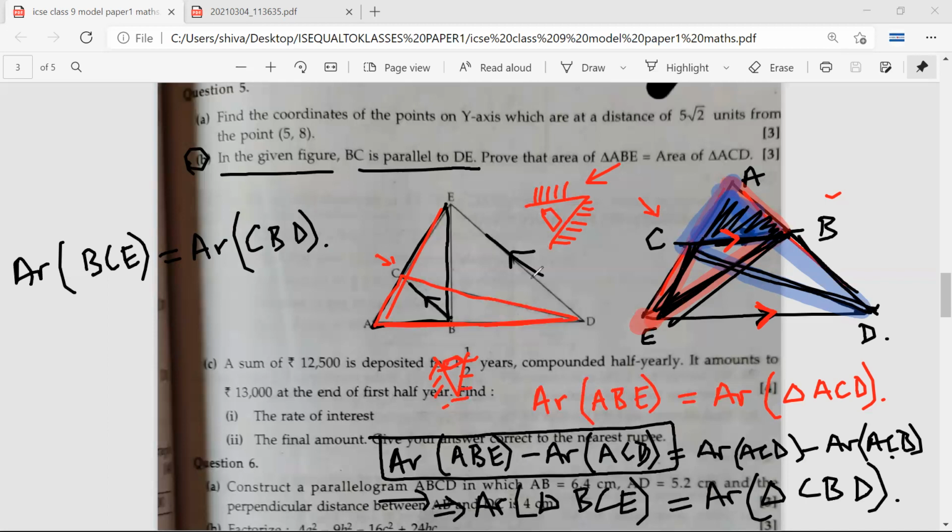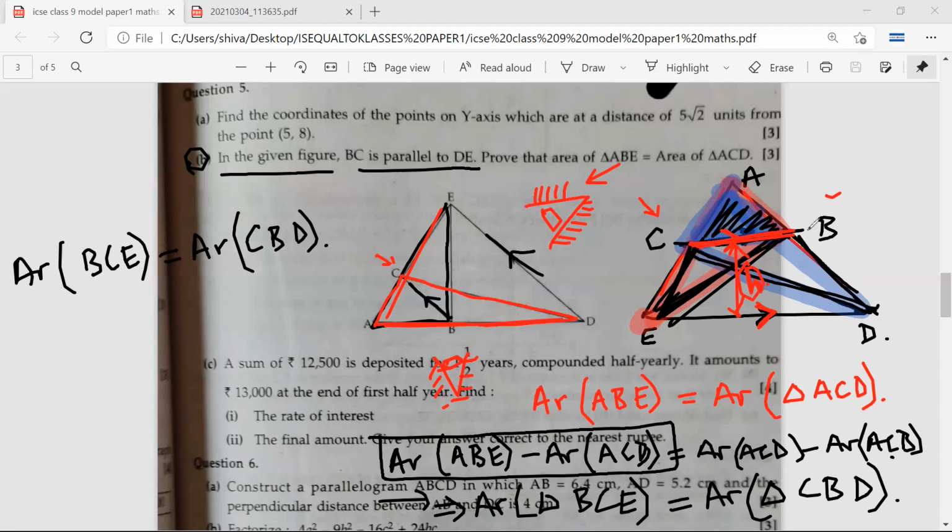So CB will be the common side. And the distance between the two, let us assume it to be h. This distance is equal. Have you understood? Yes, sir.